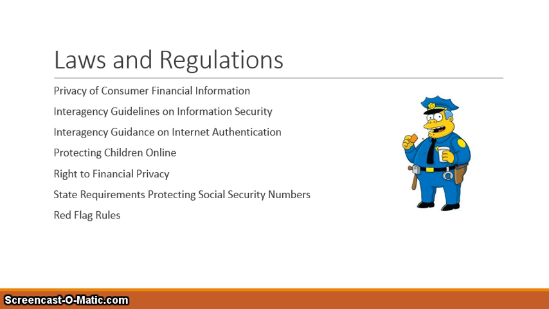Red flag is a system in which the government flags certain people's and businesses' accounts that have warning signs of identity theft. The reporting agencies have the flags, and then the bank has to have a red flag program on what to do if they come upon these flags and how to respond to potential issues.